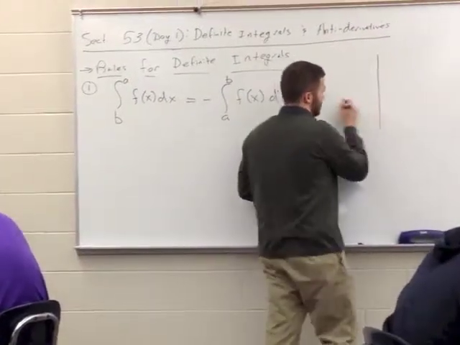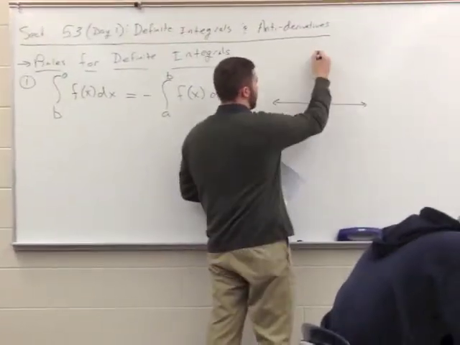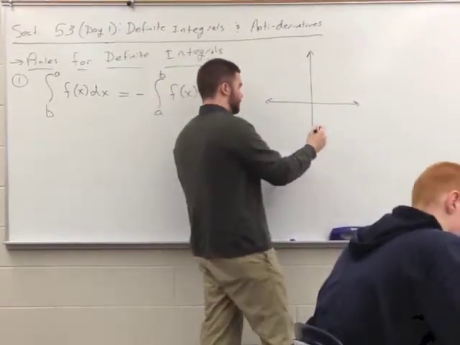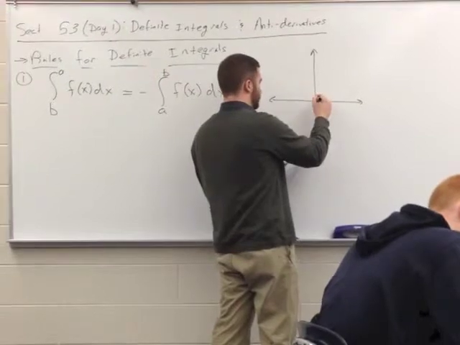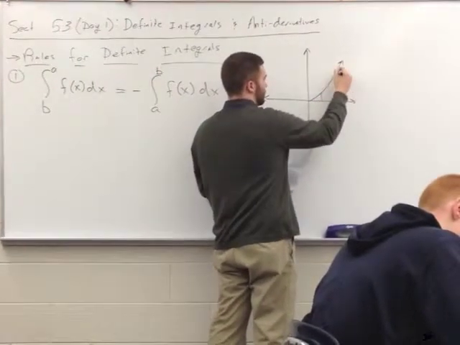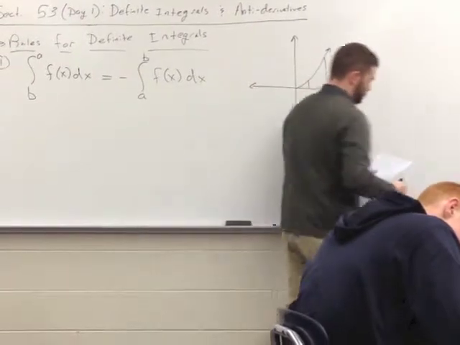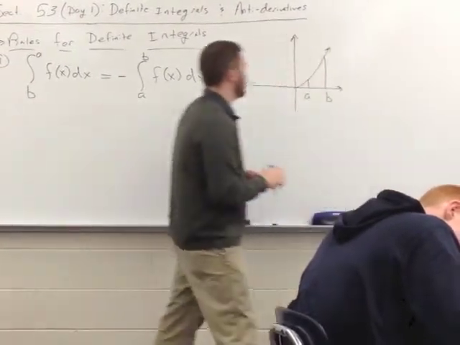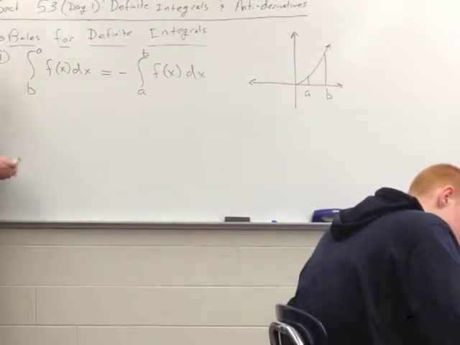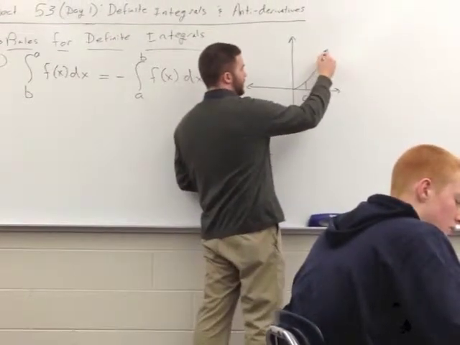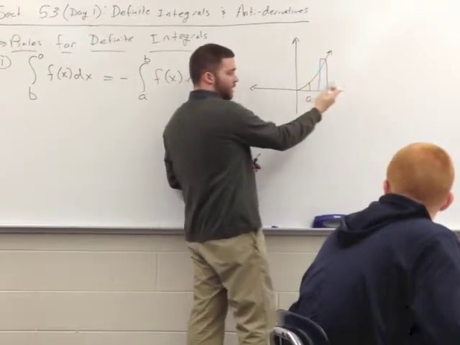So let me give you a picture to show you what's going on. If I'm going from b to a, that means that my rectangles are starting from the right and then moving to the left.